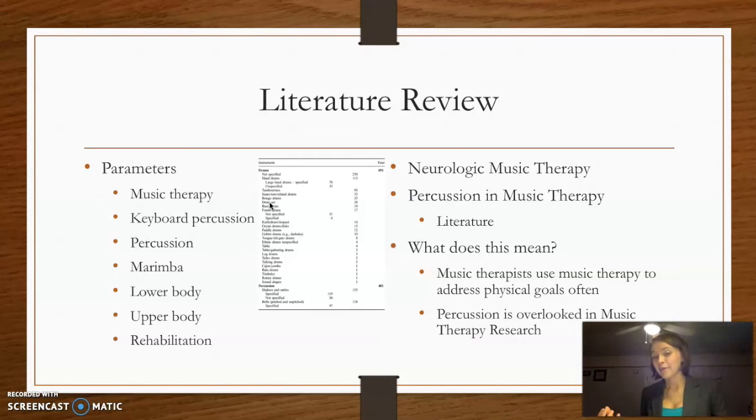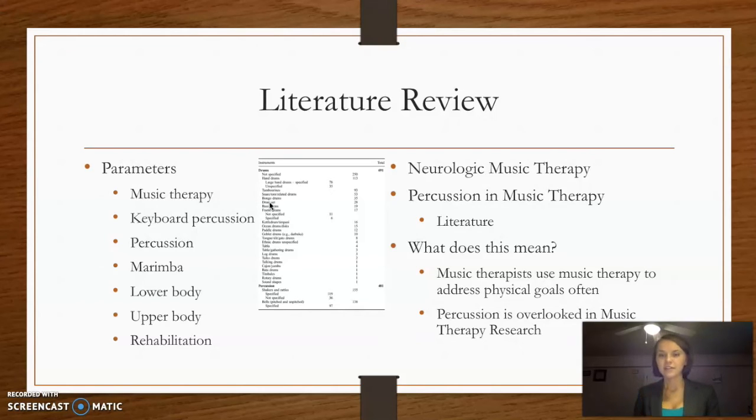According to Matney, however, in terms of percussion and music therapy specifically, in 2015 he found that 53% of the articles published in Journal of Music Therapy and Music Therapy Perspectives, which are the two main music therapy journals in the United States, do not specify the type of percussion used in music therapy processes.